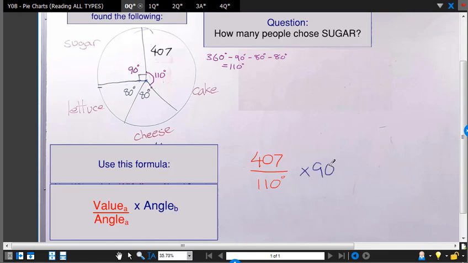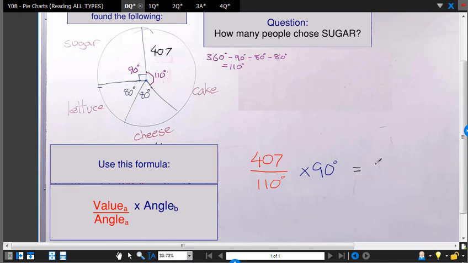So basically what we're really doing here is saying, well, 110 degrees represents 407 people. Now we want to know what 90 degrees represents, so we just multiply that by 90. You could do it without a calculator, because 407 divided by 11 is 37, so divided by 110 is 3.7.